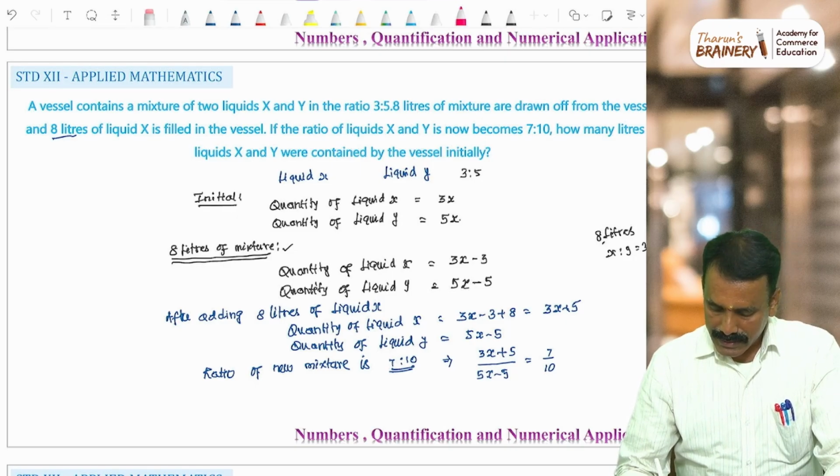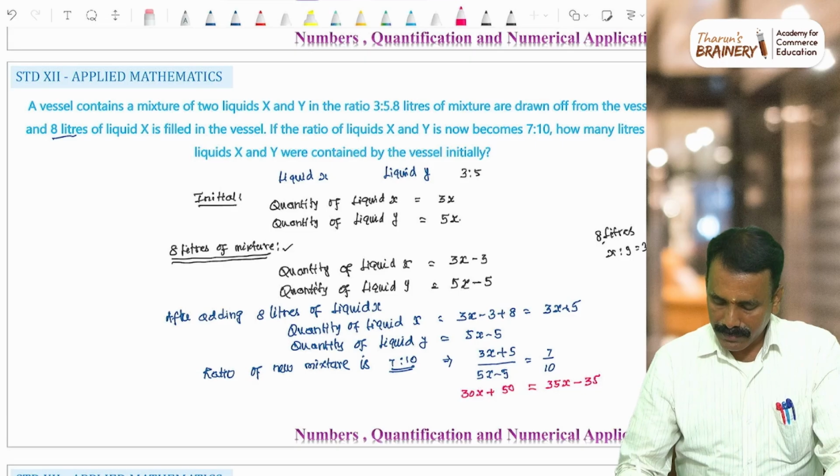10 into 3x, 30x, 10 into 5, 50 is equal to 5x into 7, 35x minus 5 into 7, minus 35.